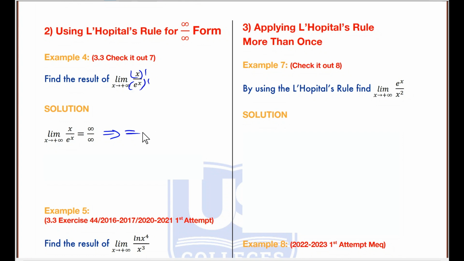That's equivalent to the derivative of the numerator, 1, over the derivative of the denominator, e to the x. Now use direct substitution. It's 1 over e to the infinity, which is 1 over infinity. e to the infinity is infinity, which means 0. A number over infinity gives you 0.